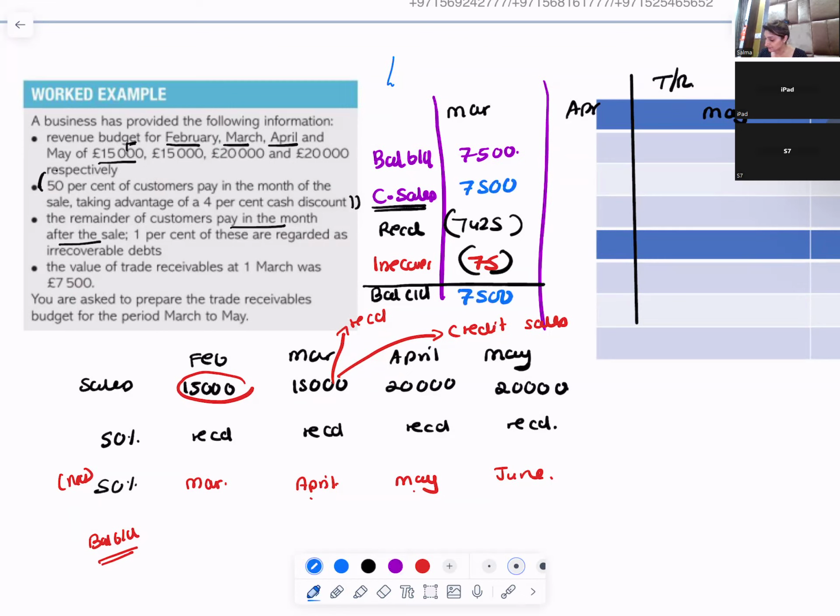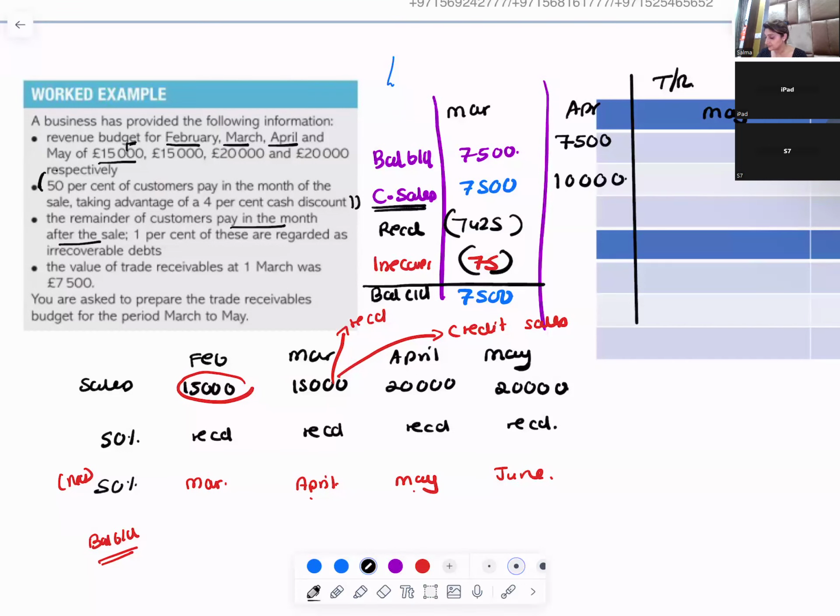For April, your balance brought down will be 7,500. April's revenue was 20,000, so 50% of 20,000, which is 10,000, will be your credit sales.